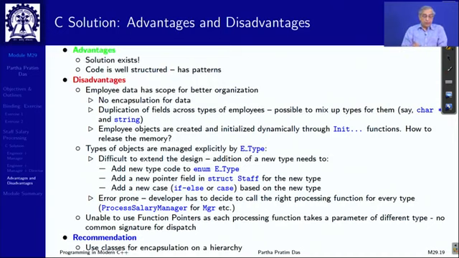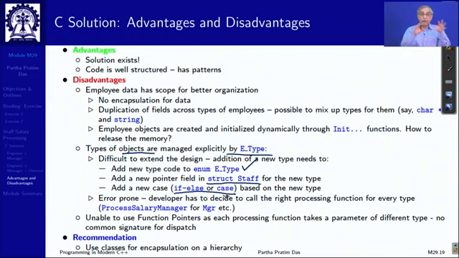Then the more severe problems are that types of objects are managed explicitly by e type, right. We are putting a tag. So, what did we have to do? To extend the design, to add a new type like director, I needed to add separate code to e type, add a new pointer field in the struct staff in the aggregator, so that I can point to that, and add a new case in the if else or the case switch.